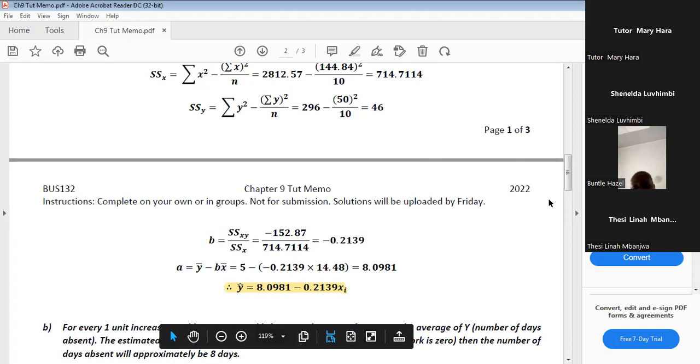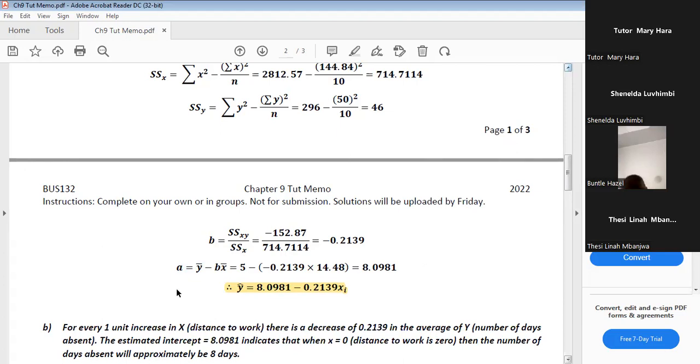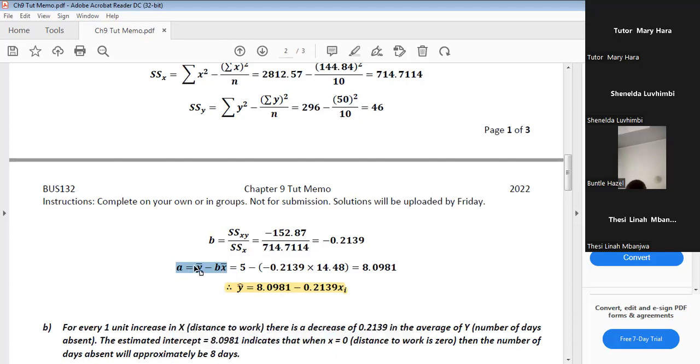So our A, the formulas are already said. This is the formula for finding A. We want to find this line here, these values, and how I found these values. So first I must find A. Our A is y bar minus b x bar, which are the means.